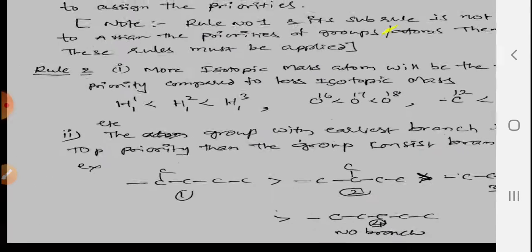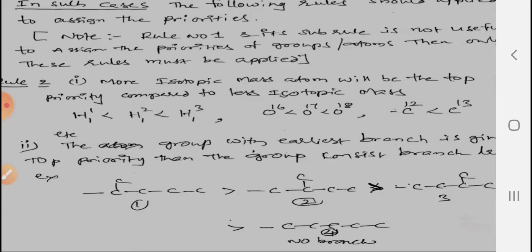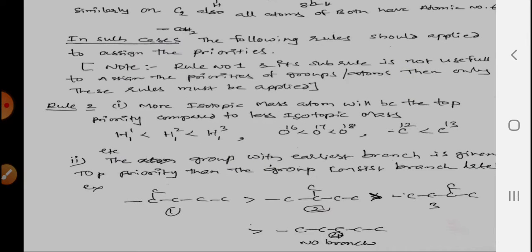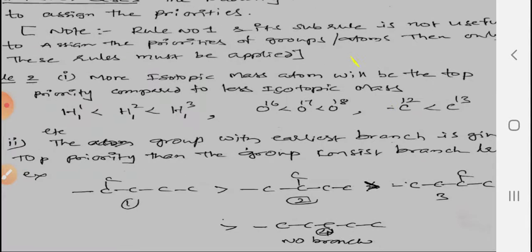And one more example. For the group of atoms, when two different groups have a carbon of the same atomic number in the same chain, the earliest branch is given top priority over the branch which comes late.